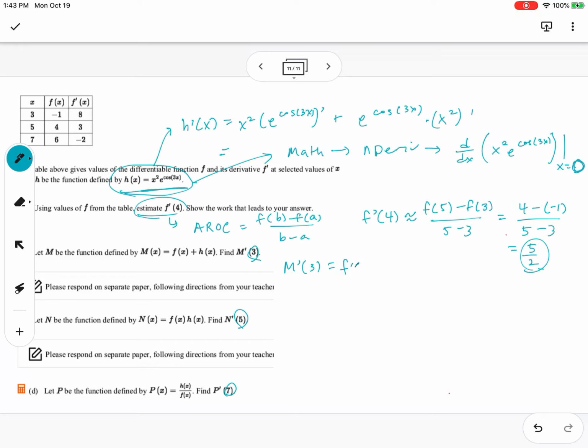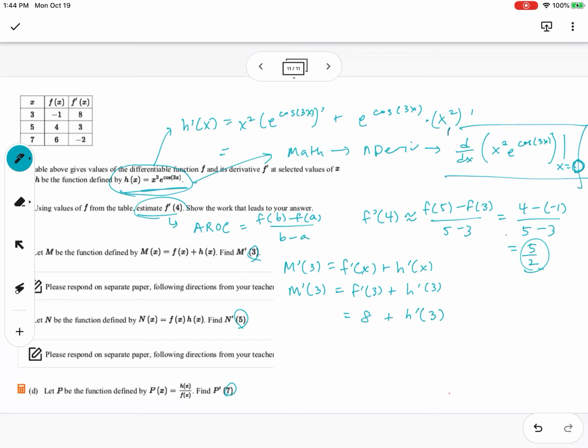Now for this one, m prime of x would be equal to f prime of x plus h prime of x. So m prime of 3 would be equal to f prime of 3 plus h prime of 3. So for f prime of 3, we run over to our table, and we see that that's 8.